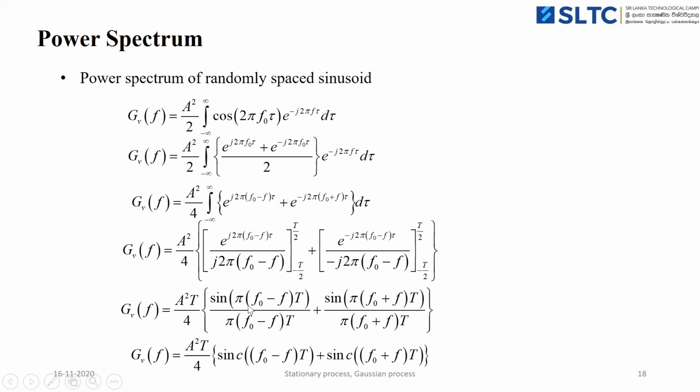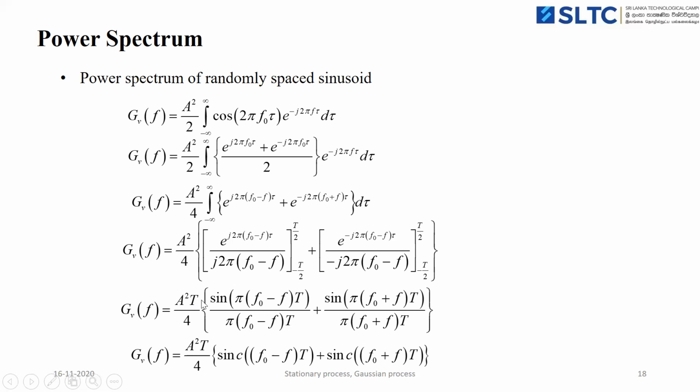Similarly, for the second term, after substituting, we get the sine function. Now it looks like a sinc function, sin pi x by pi x. Because there is no T in the denominator, we need to multiply both numerator and denominator by T, so that the value does not change, and then we can modify this expression into a sinc function.